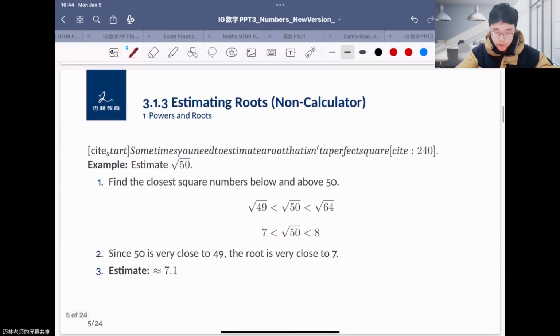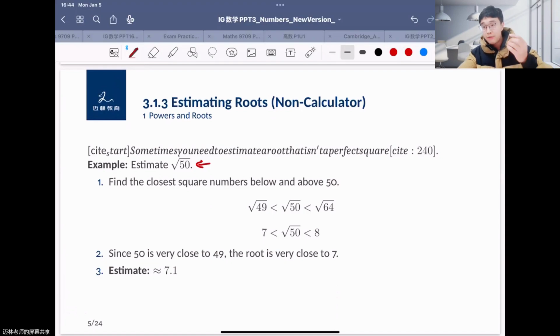And here is estimating roots, because some values cannot be calculated very easily. Maybe you can use a calculator to calculate the square root of 50, but if you don't have a calculator, you can find the range.